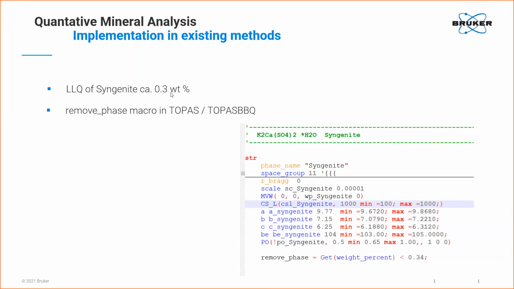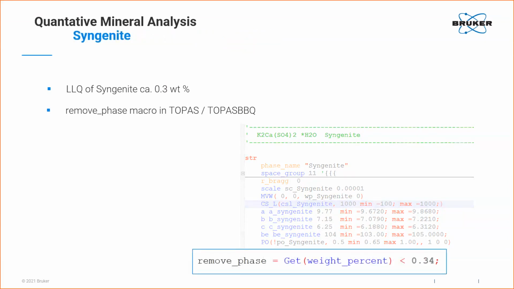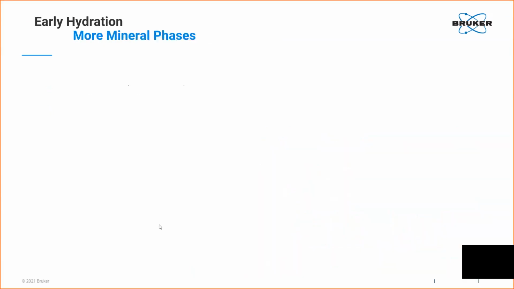So the limit of detection for syngenite is in the range of 0.2, 0.3 weight %. And this is realized in the Topaz software just by adding this phase, of course, and with the remove phase macro we have in Topaz, which is unique for the software, we can also avoid that information is given when there are low concentrations close to the limit of detection. So this is realized with the remove phase macro.